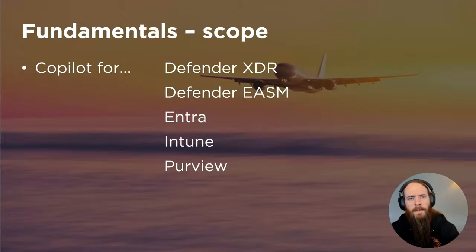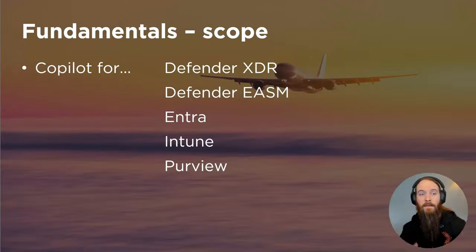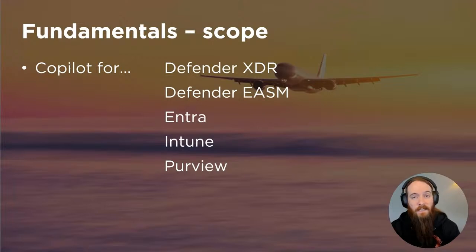So what do I mean by that? Well, we've got Defender XDR, right? So that's endpoint, Office 365, cloud apps, identity, things like that. And also Sentinel now. So it acts as a co-pilot for that. It can do incident summarization and help you respond to some threats and alerts.